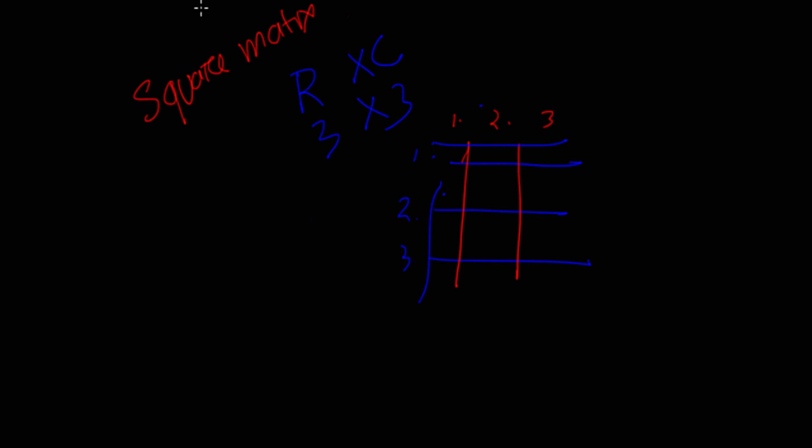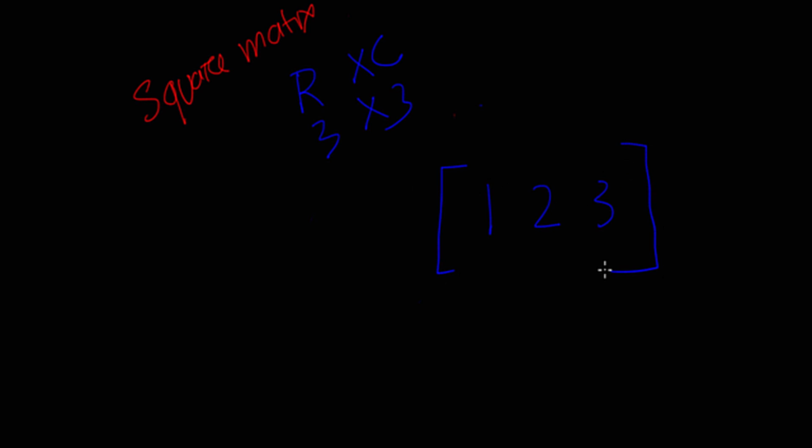Now, a matrix consisting of a single row. Let me erase this. If the matrix consists of just a single row, suppose 1, 2, 3, this can also be a matrix, arranged in a rectangular shape. It will be called a row matrix.